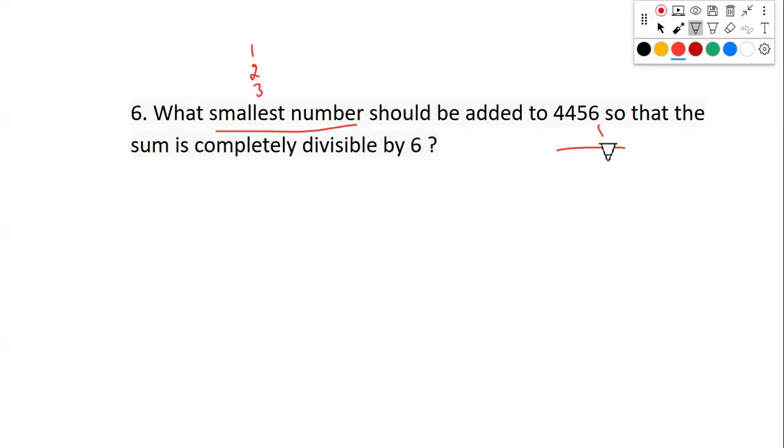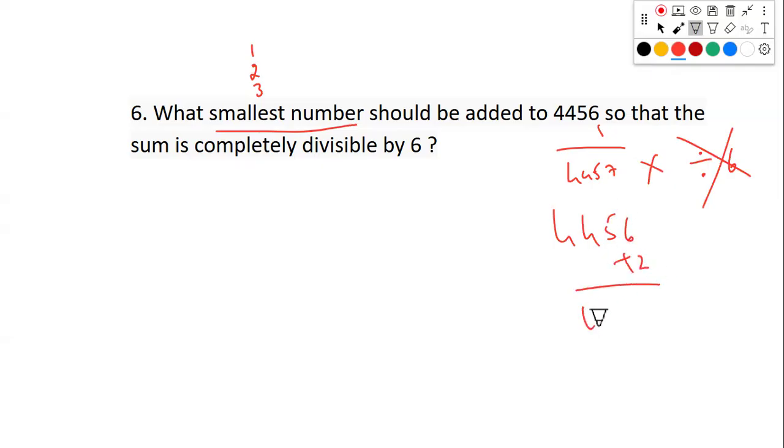So if I add 1, 44,57, definitely not divisible by 6, because unit place is 7. If I add 2, 44,56 plus 2, 44,58, unit place is 8. So that means it is divisible by 2. Now I have to check divisibility by 3, sum of the digits. So 13 plus 8, 21. So sum is 21. That means it is very much divisible by 3. So quickly you start. What is the smallest number?